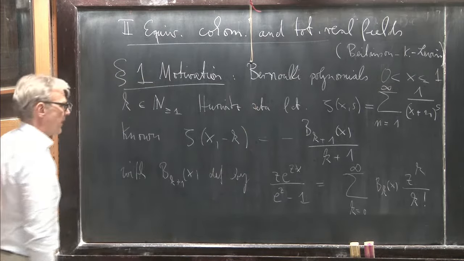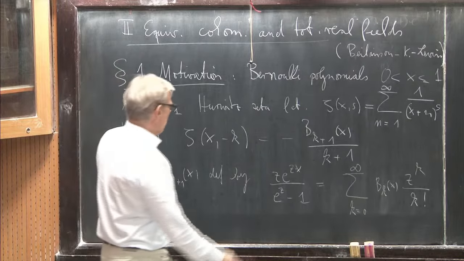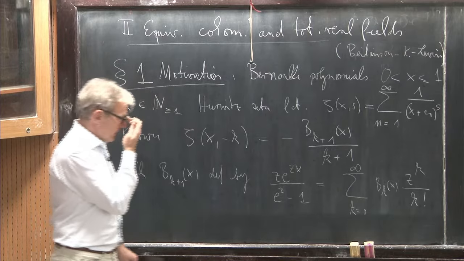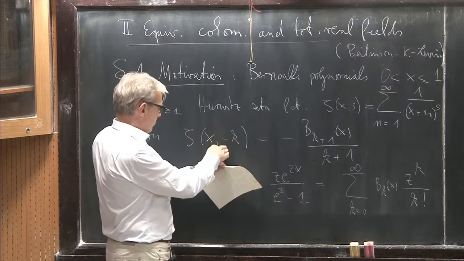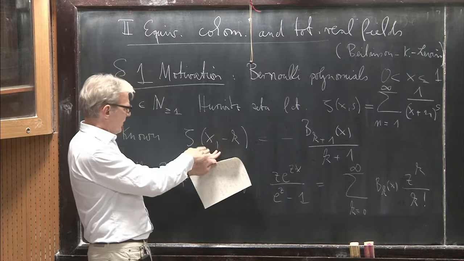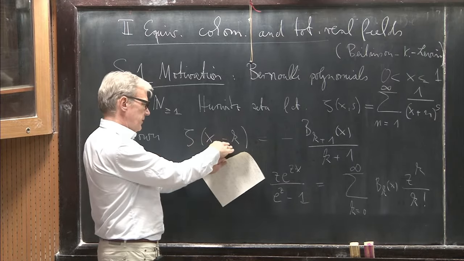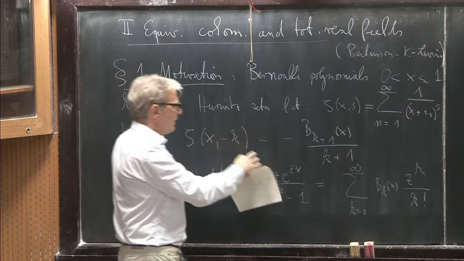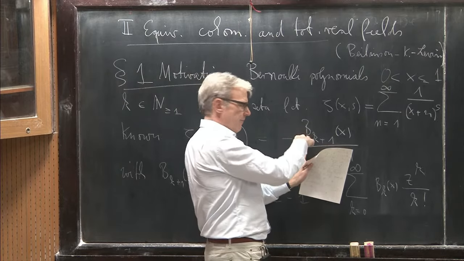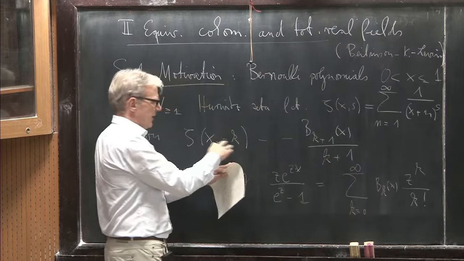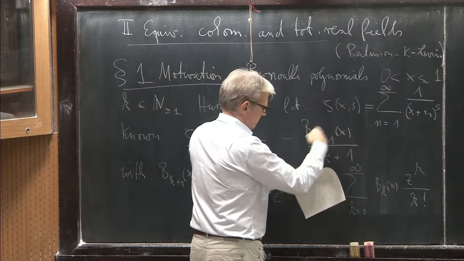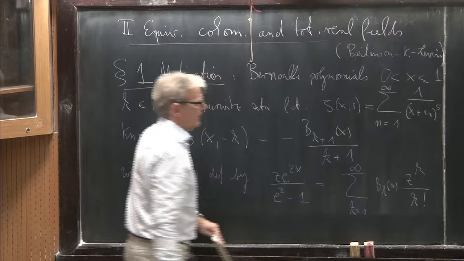Okay, so we understand these zeta values, and here there's some change with respect to yesterday. Yesterday we considered positive values. They had this pi factor, and here the negative values are rational polynomials in x.